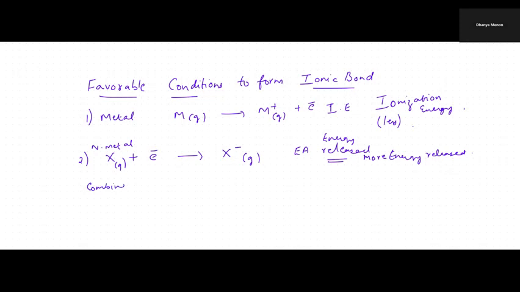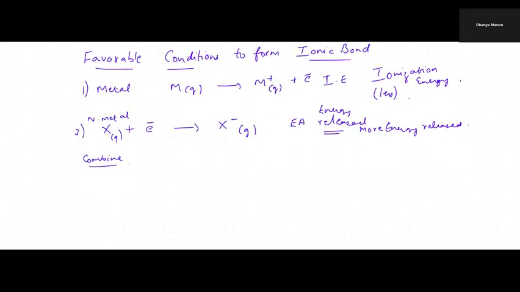So for a compound to be stable, if ionization energy is less and electron affinity is more, then the compound formed is very stable. So we have a metal ion combining with a non-metal ion to form a solid ionic compound, and when they combine, energy is released.